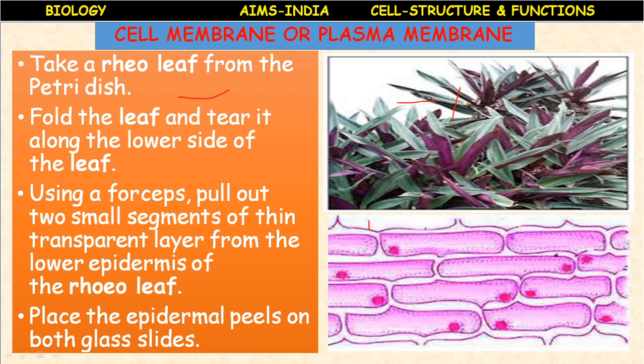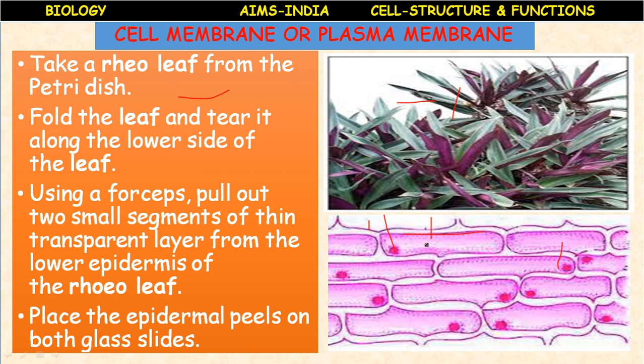under that. So here you can see the shrunken cytoplasm. You can see the outer membrane. This is cuticle, the outermost layer around the cell membrane. So this is the cell membrane actually, and it is the nucleus when you observe under the microscope.